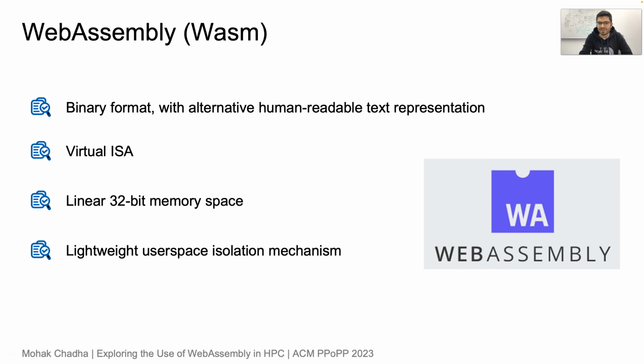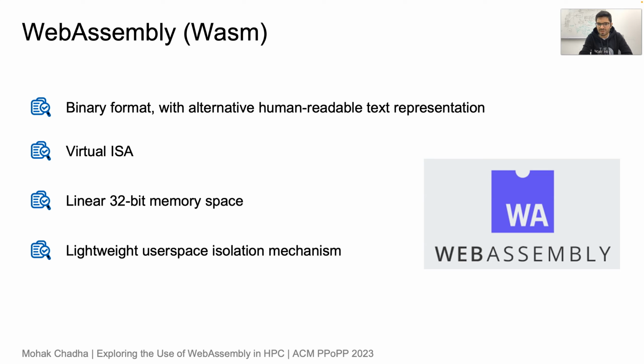So what is WebAssembly? WebAssembly originated as an alternative to JavaScript in web browsers for executing code with high performance. Essentially, it is a universal intermediate binary instruction format. It also offers an alternative human readable text representation called WebAssembly text format, or WAT.